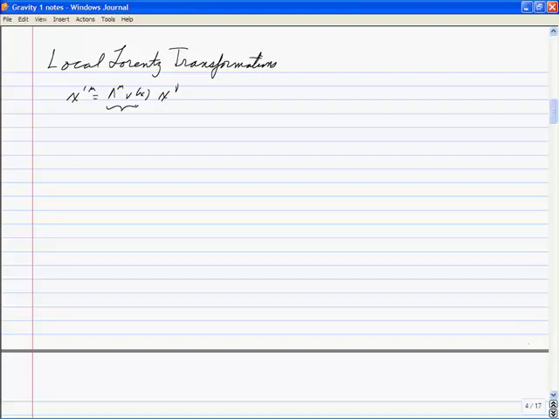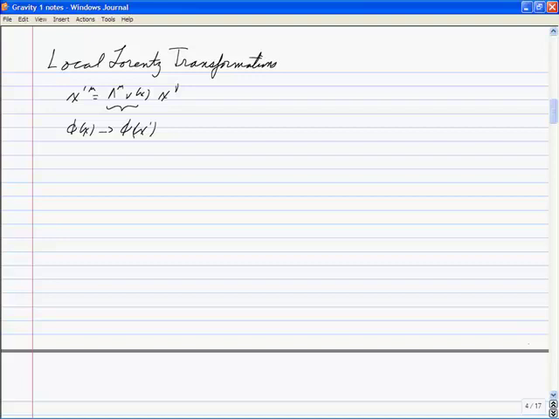Yeah, this really can be any function then at all. And let me start with a scalar field. So phi of x is going to go to phi of x prime. That's the scalar field transformation.